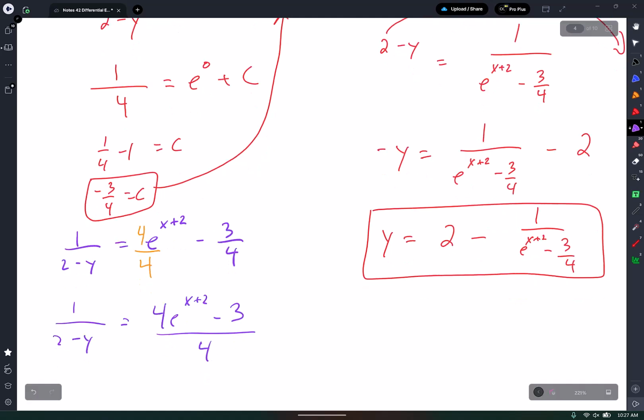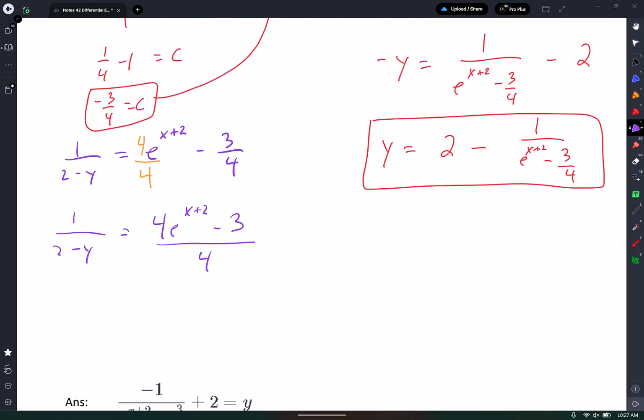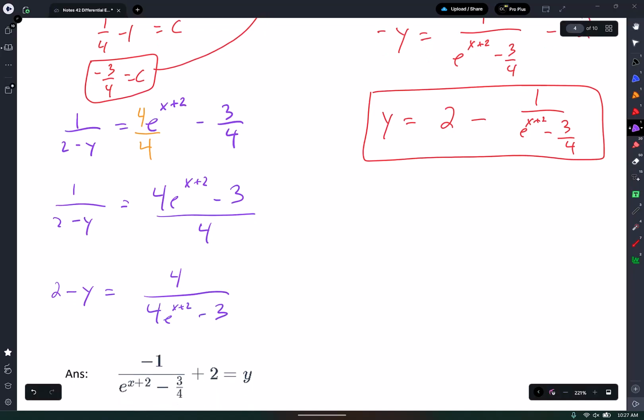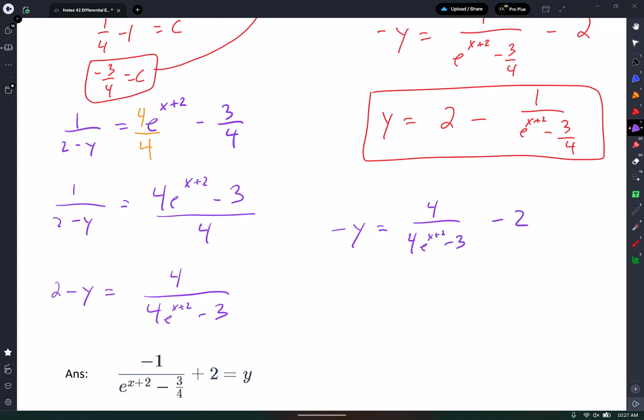And then from there, you would flip it. I was going to flip it. 2 minus y equals 4 over 4e to the x plus 2 minus 3. So they don't have common denominators or numerators? No, they'll take it, as long as they're equivalent. And then change the polarity.